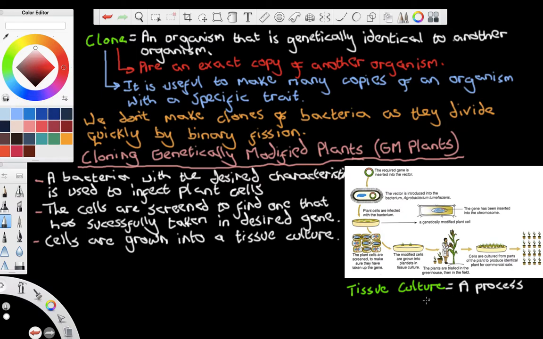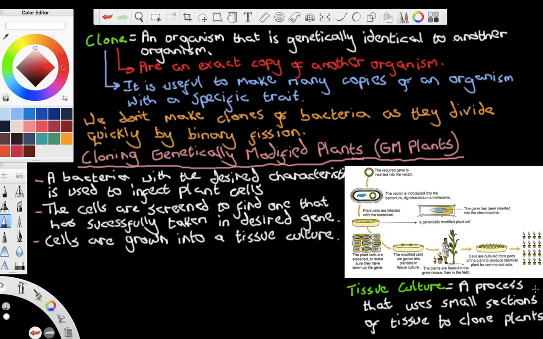A tissue culture is a process that uses small sections of tissue to clone plants.